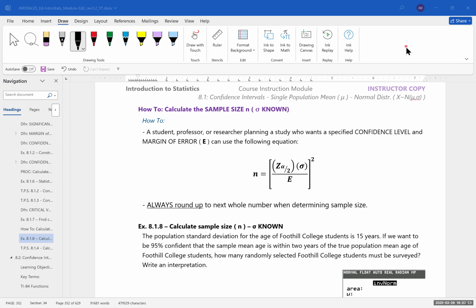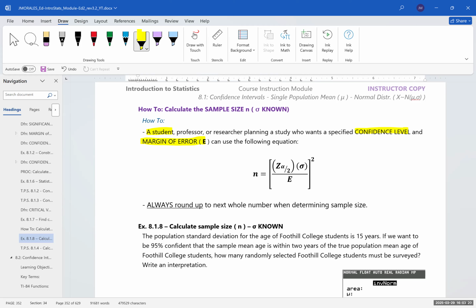So here's a simple equation to introduce you to how sample size can initially be calculated. A student, professor, or researcher planning a study who wants a specified confidence level and margin of error can use the following equation.